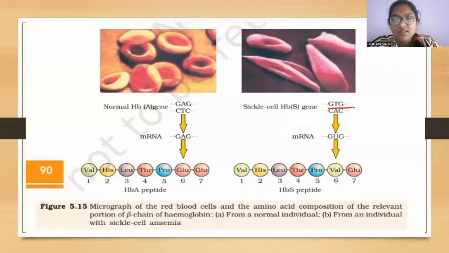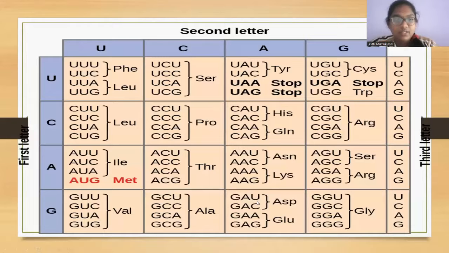You can see that GTG, and in the complementary strand it's CAC, and the mRNA becomes GUG, and here the mRNA was GAG. Now when we look at this table which is given in the molecular basis chapter, that is which codon codes for which amino acid, we can see that right here GAG codes for glutamic acid.